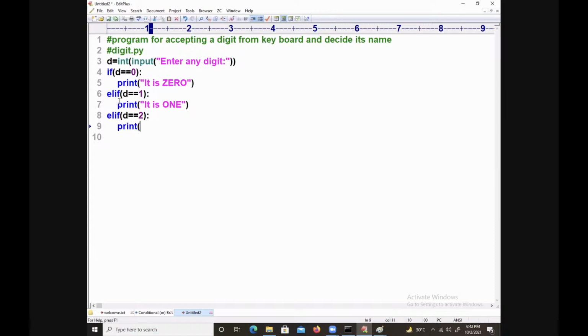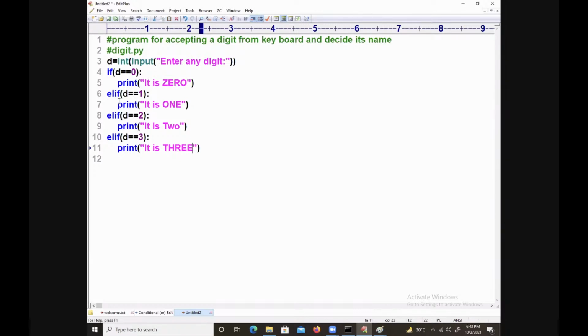Print of it is 2. Now I will take d == 3. Print of it is 3. You can happily say elif, I can write elif it is 3.